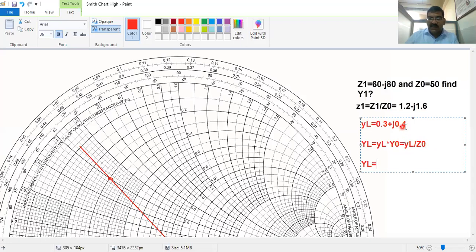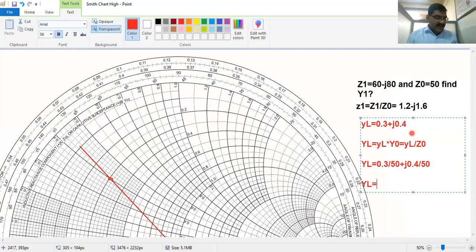You got this answer: 0.3. Now 0.3 divided by how much? 50. This is the plus, so the plus I put as it is, and j remains as it is. Then 0.4 divided by how much? 50. This you have to remember. So whatever your YL is, how much will it be?